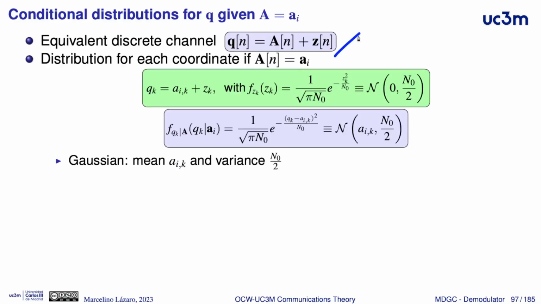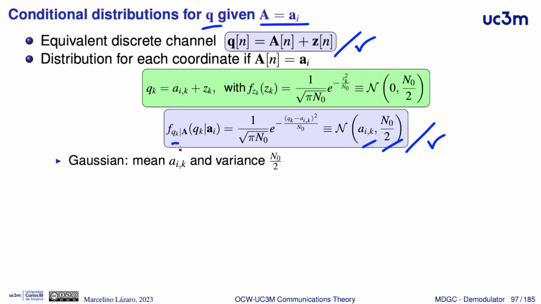Taking into account that in the observation Q we have the addition of the transmitted symbol plus this vector of noise components, the conditional distribution of Q given a known transmitted symbol is just a Gaussian distribution whose mean is now the coordinate of the corresponding symbol, and the variance is N0 halves.